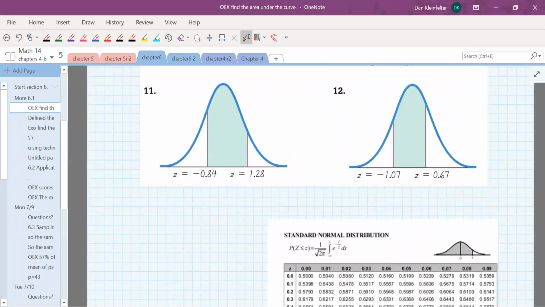All right, so next, this one and number 12 we'll have to do in two parts. We want negative 0.84 and then positive 1.28. We're going to need the difference between these two areas. First of all, the probability that z will be less than 1.28.